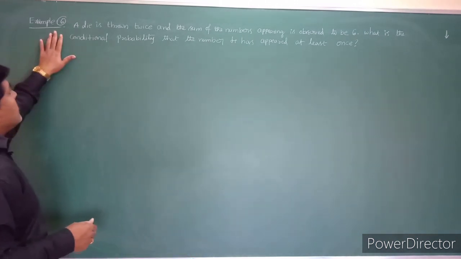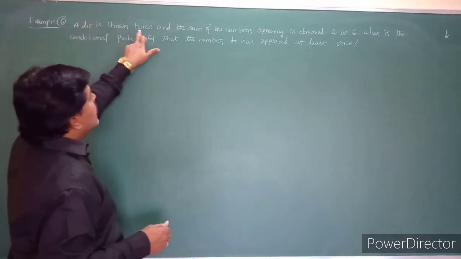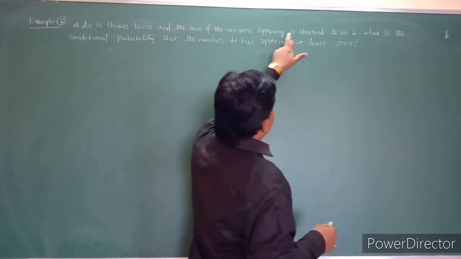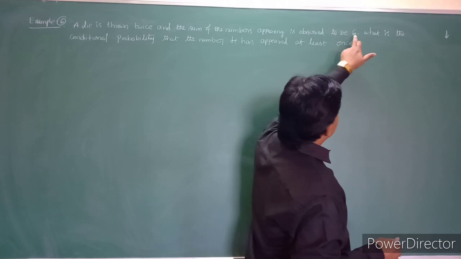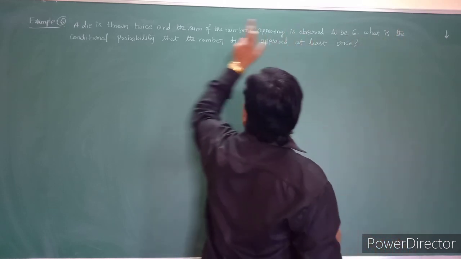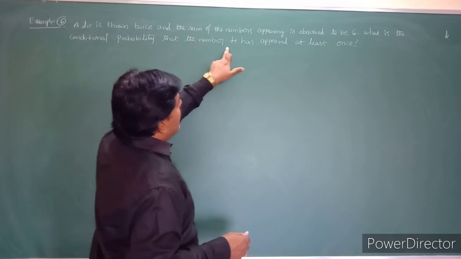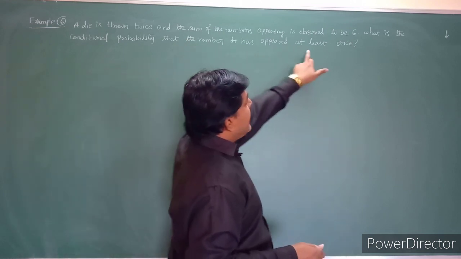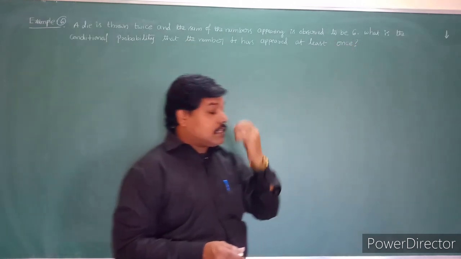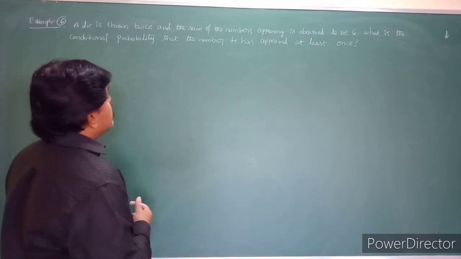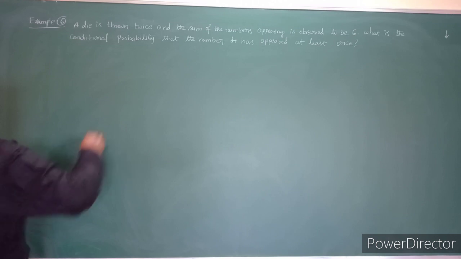What is example number 6? A die is thrown twice and the sum of the numbers appearing is observed to be 6. What is the conditional probability that the number 4 has appeared at least once? So see this one, students, what is the condition of this probability?